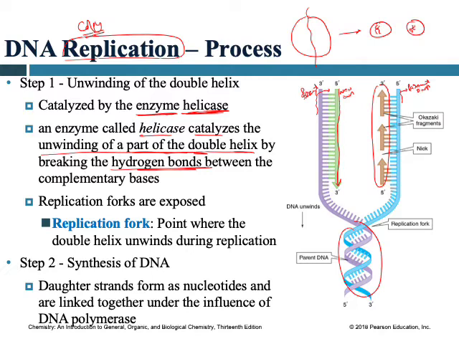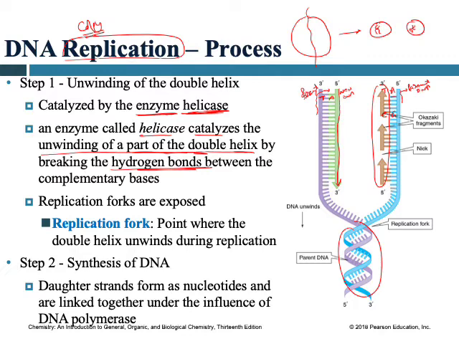That is using all the information from the parent chain. So if this parent chain has adenine, then the daughter or new DNA should have thymine, right? If you have guanine in the parent chain, then your daughter should have cytosine, C, because DNA strands are complementary, right? Similarly, over here, if this is thymine, then your new DNA should have adenine corresponding to thymine, right? This is how the information is being copied into a new DNA.